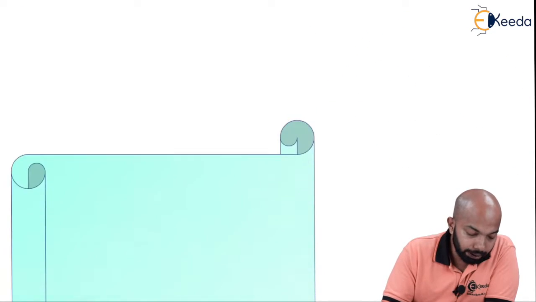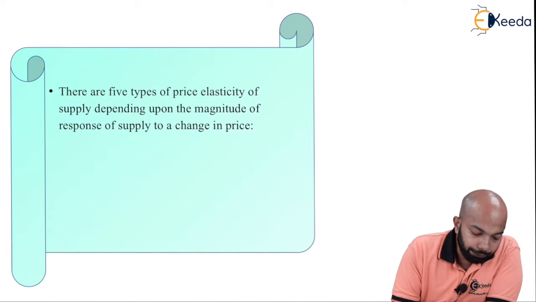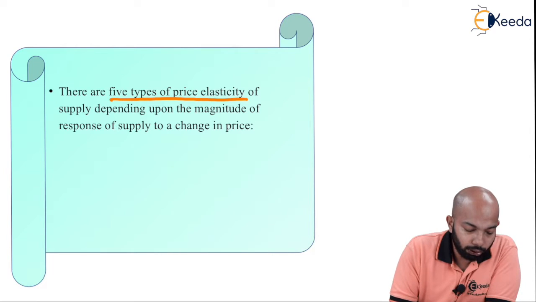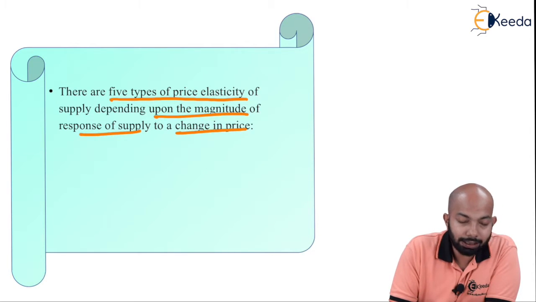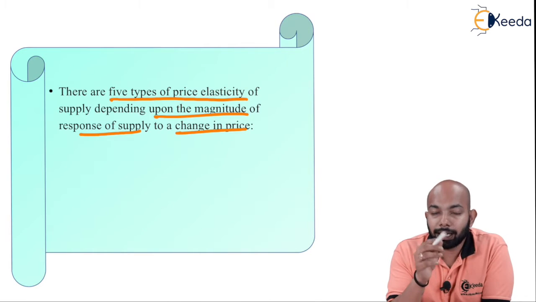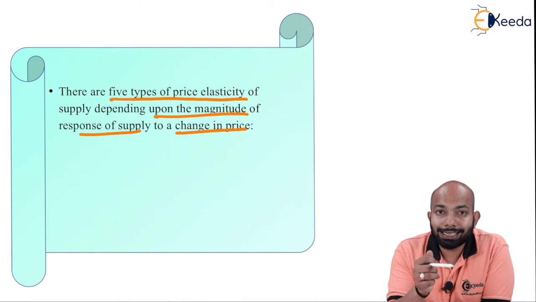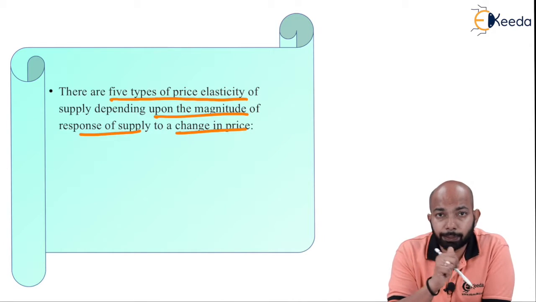Now, the next part refers to the fact that there are 5 types of price elasticity depending on the magnitude of response to the change in price. That means, again, based on the change in magnitude of the quantity supplied upon the change in price, we need to understand what is the exact price elasticity of supply here. There are 5 types basically.